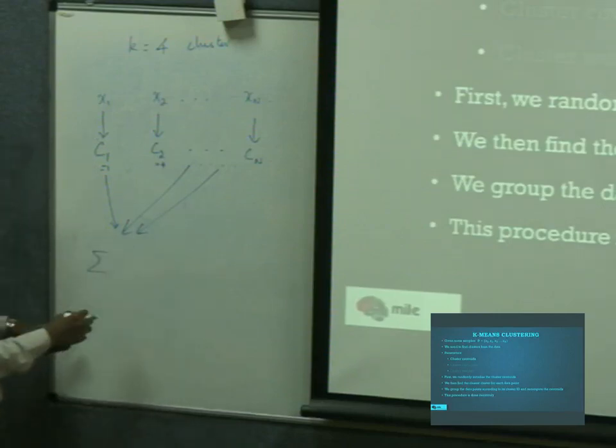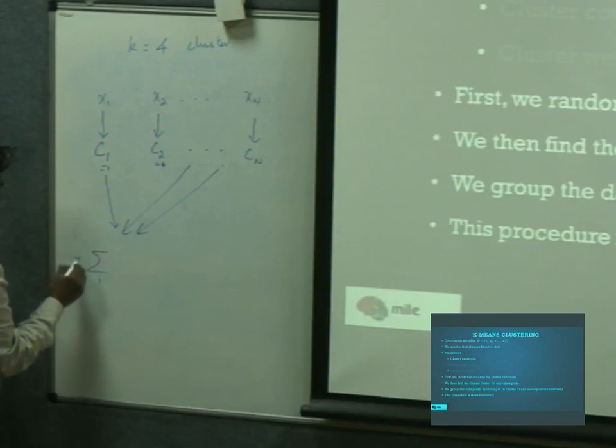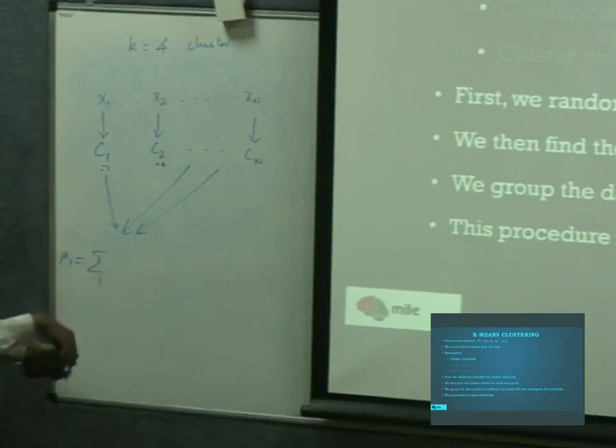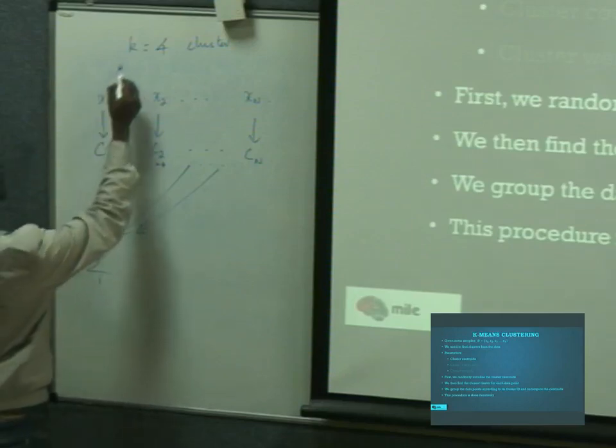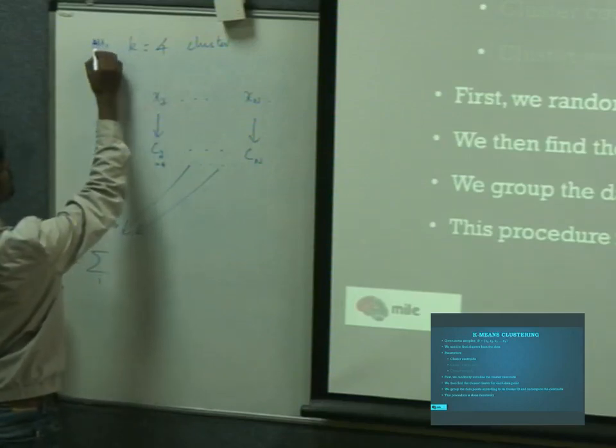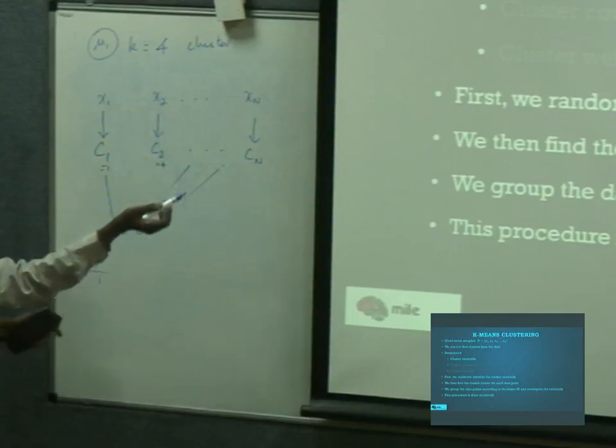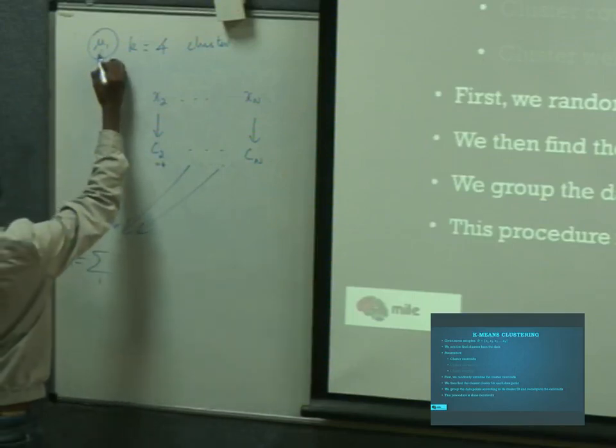That is nothing but your first cluster's mean, and similarly do it for the remaining 3 clusters. Earlier we had to assume some means which we randomly initialized, mu1 to mu4.